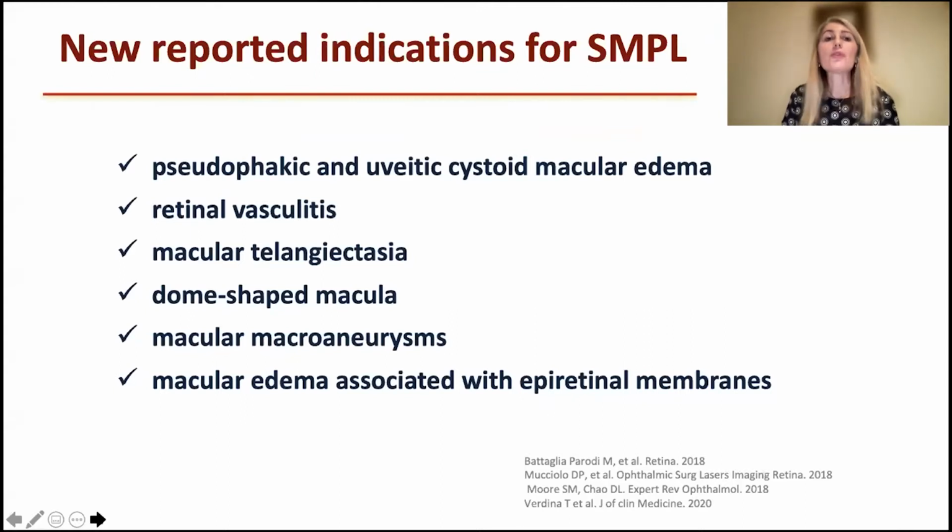There are also some new reported indications in the literature for the treatment with the subthreshold micropulse laser, such as the pseudophakic and also uveitic cystoid macular edema, retinal vasculitis, macular telangiectasia, dome-shaped macula, macular microaneurysms, or macular edema associated with epiretinal membranes.